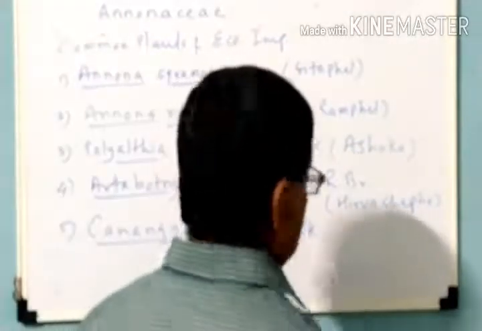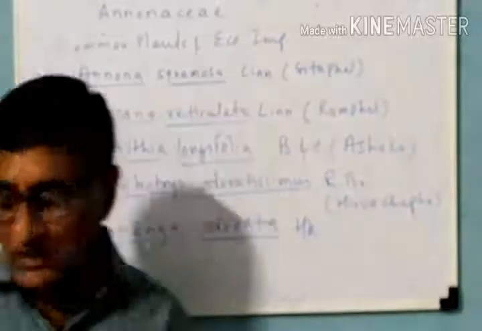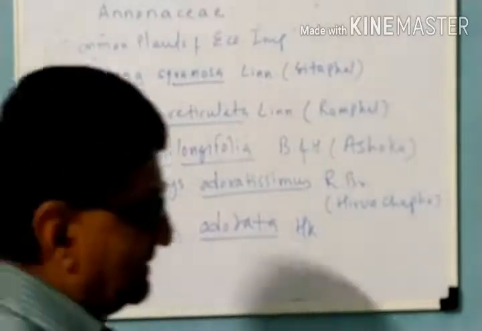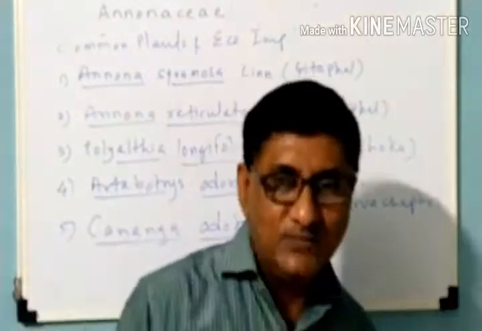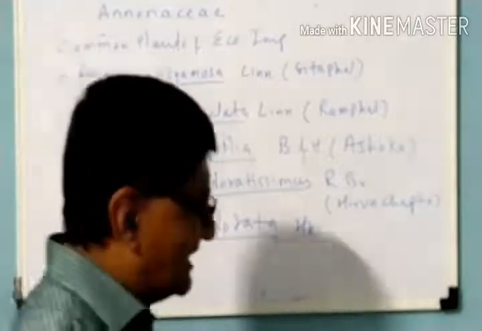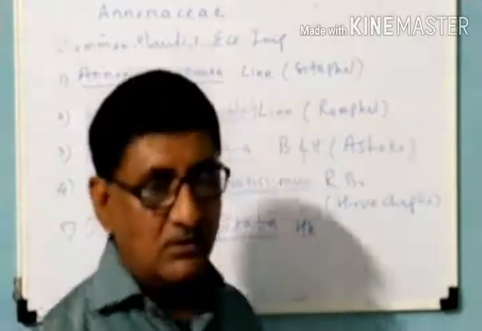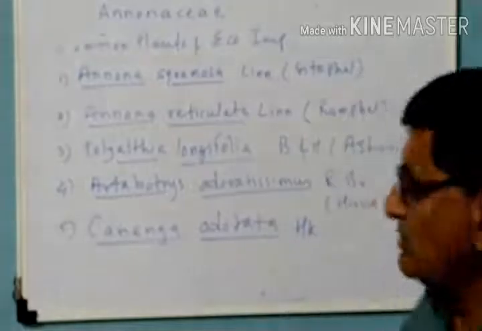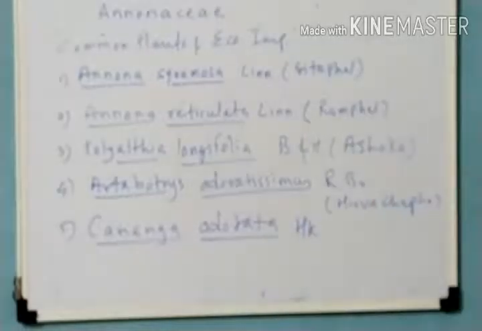This is also one of the fragrant flower plants. This plant is cultivated for its fragrant flower, so it is also identified as an ornamental plant, and the flowers of this plant are also used for extracting perfume. So this is the economic importance of this particular family Anonaceae.